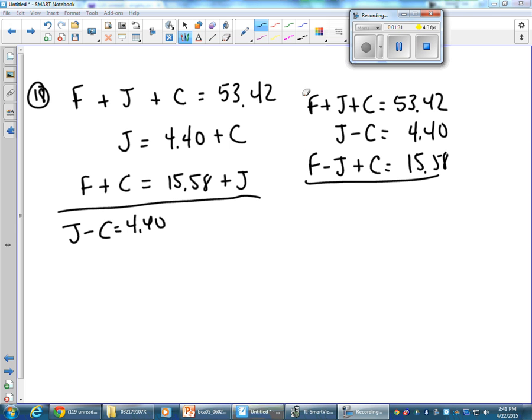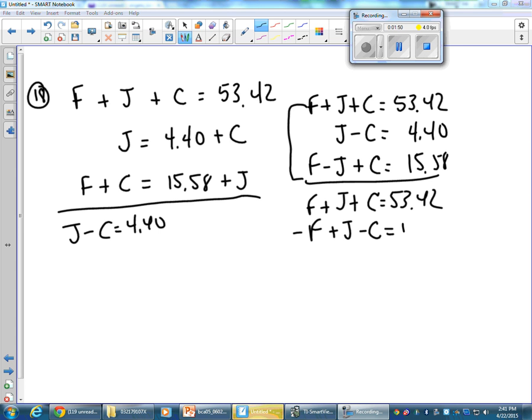Then I'm going to take these two lines and try to cancel out an F. I'm going to keep the top line just like it's written, and for the bottom line, I'm going to multiply it times a negative 1. Negative F plus J minus C equals negative 15.58.